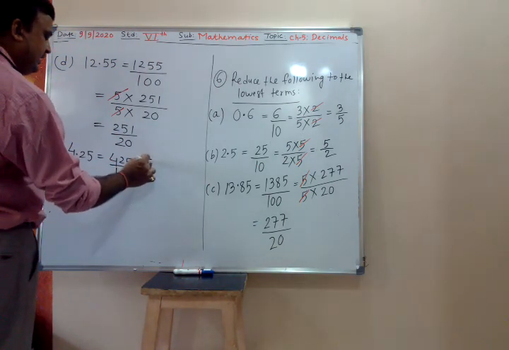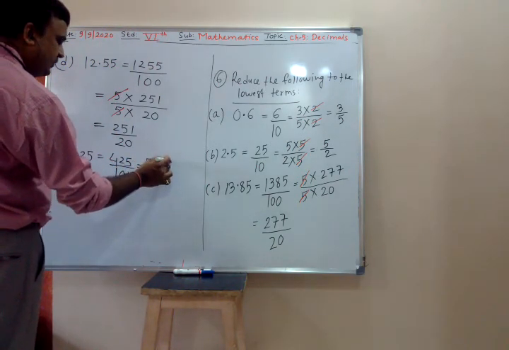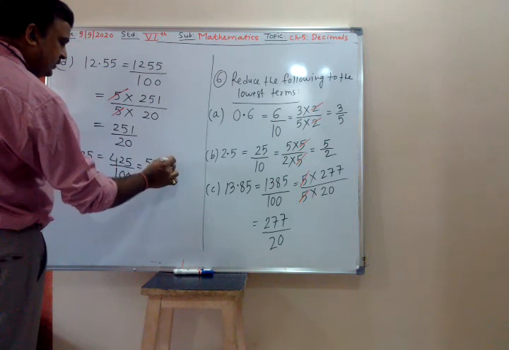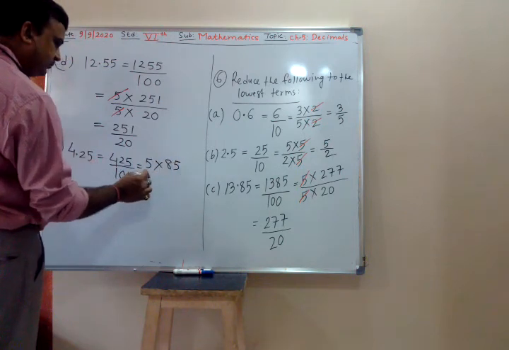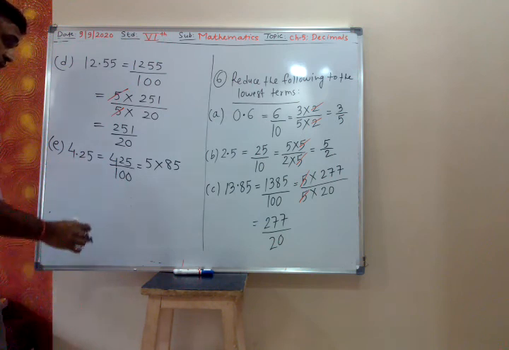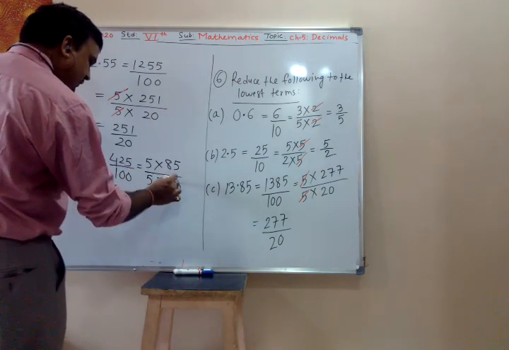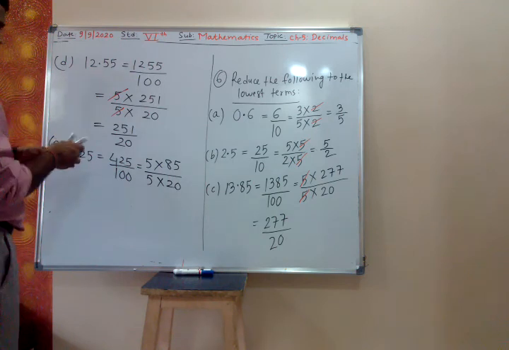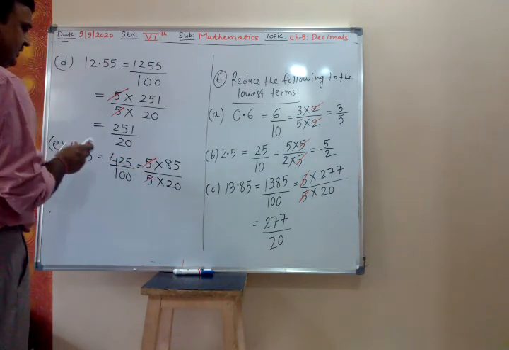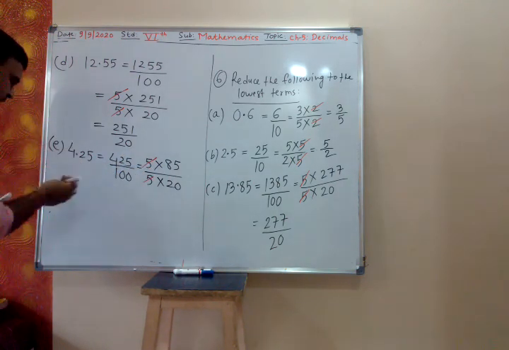Then this I can write as 5 into 85 upon 5 into 20. 5 gets cancelled. 85 upon 20.